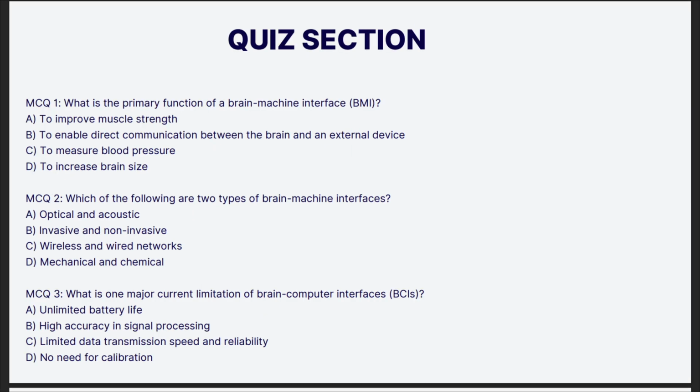So the first question is, what is the primary function of a brain-machine interface (BMI)? Option A, to improve muscle strength, B, to enable direct communication between the brain and an external device, C, to measure blood pressure, D, to increase the brain size. Any guesses?